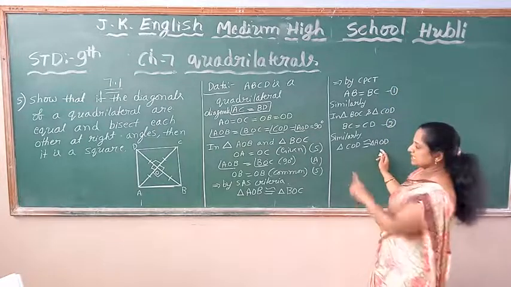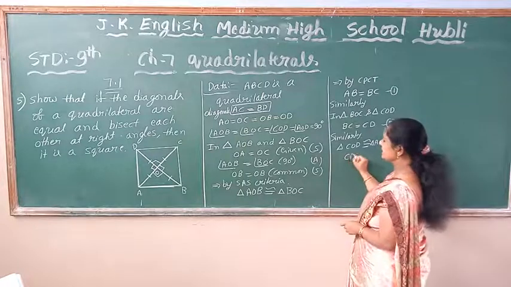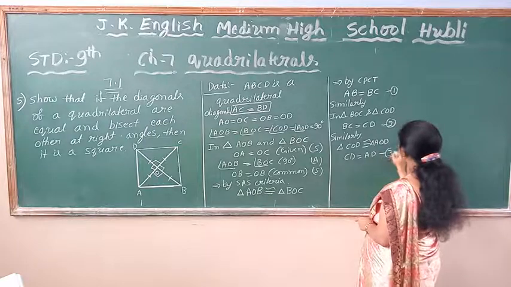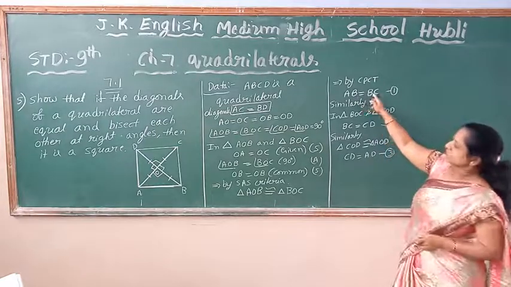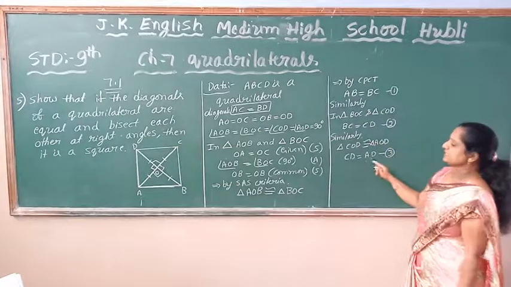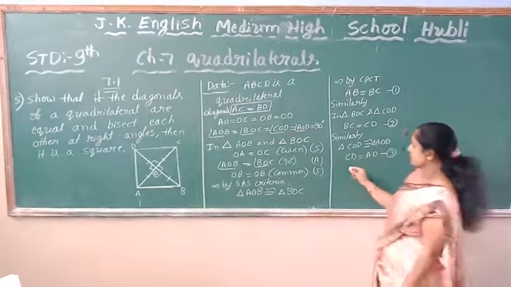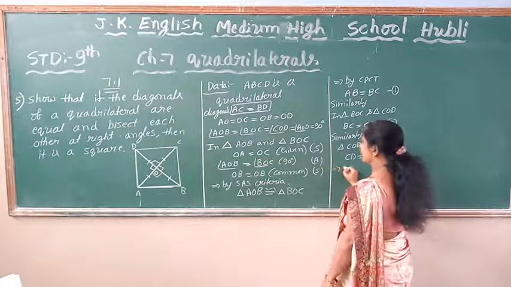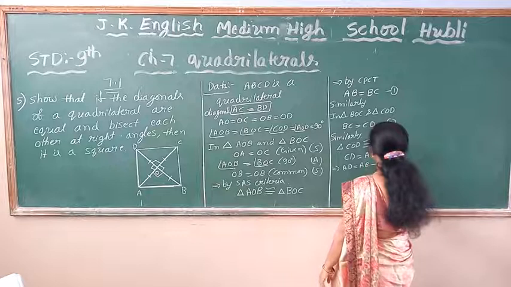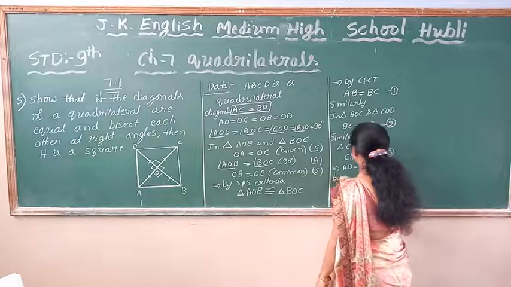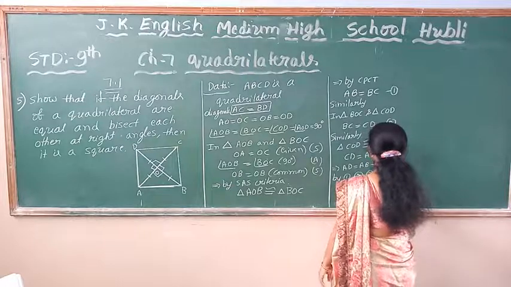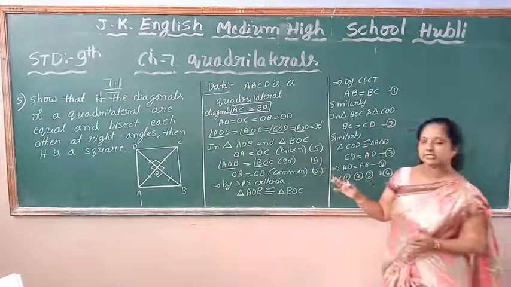Now CD is equal to AB. You call this equation number 3. AB is equal to BC and BC is equal to CD and CD is equal to AD, and AD is also equal to AB. By equations 1, 2, 3 and 4, all four sides are equal, I prove, children.